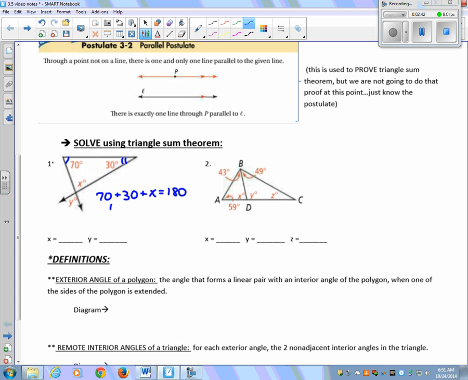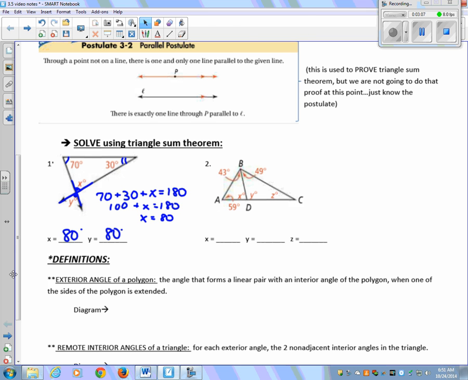When we solve for x, we get 100 plus x equals 180, and so x must be 80. Well, if x is 80, how are we going to get y? Hopefully you recognize that x and y are what kind of angles? Vertical angles, and we know they're congruent. So both of these, x and y, are both 80 degrees.